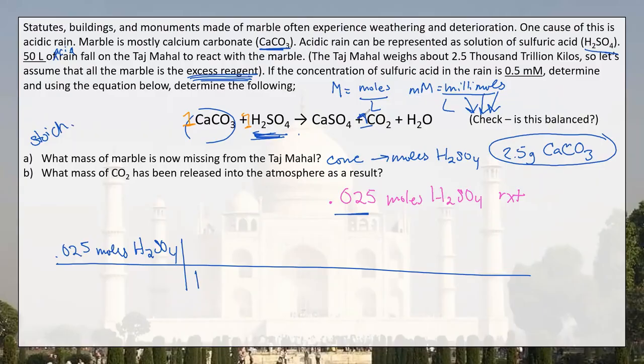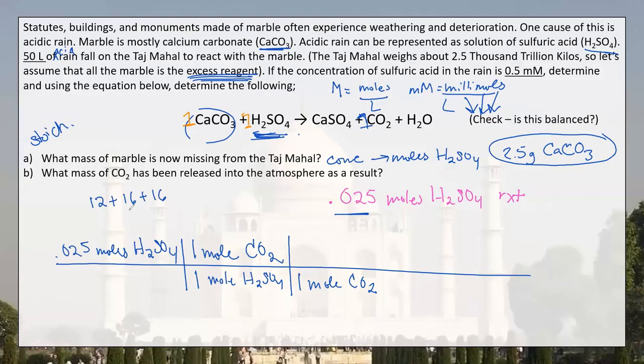Because this was already balanced, so we have an implied 1. 1 mole H2SO4, 1 mole CO2, and then we have to figure out 1 mole CO2, and you need to figure out the molecular weight for CO2. This one I remember pretty well, right? So carbon is 12 plus 1 oxygen plus another oxygen.